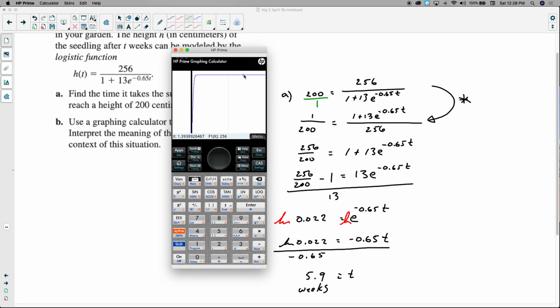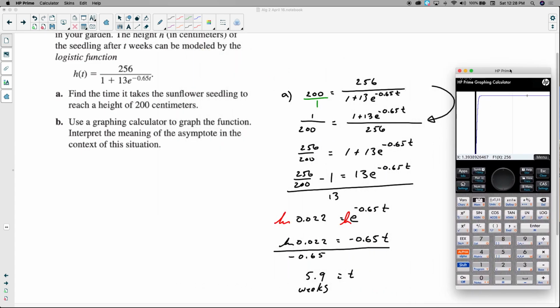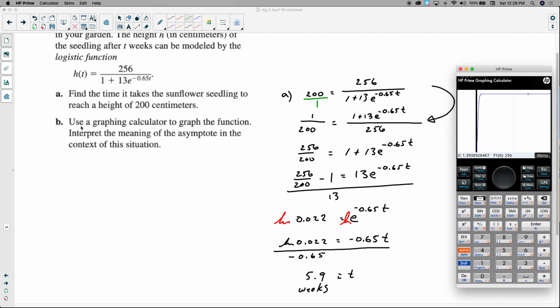And then this height up here is 256. So we can answer the question. Use the graphing calculator to graph the function. Interpret the meaning of the asymptote, which is up here because it gets close to 256 and then it flattens out. It just keeps on going there. And so interpret the meaning of the asymptote. It's the maximum height.